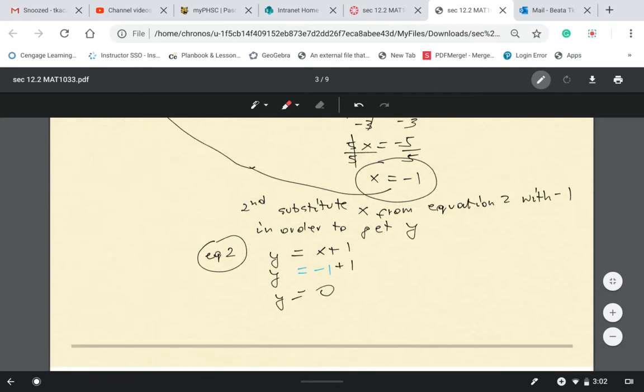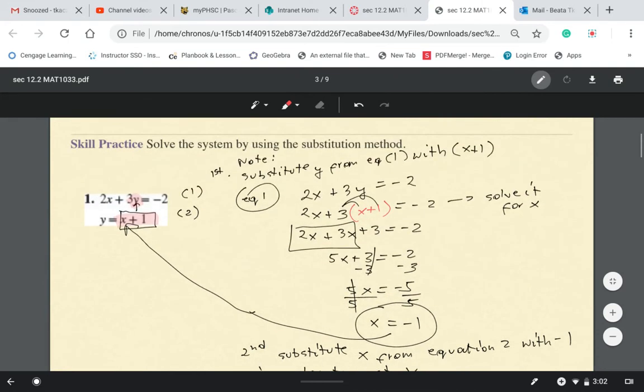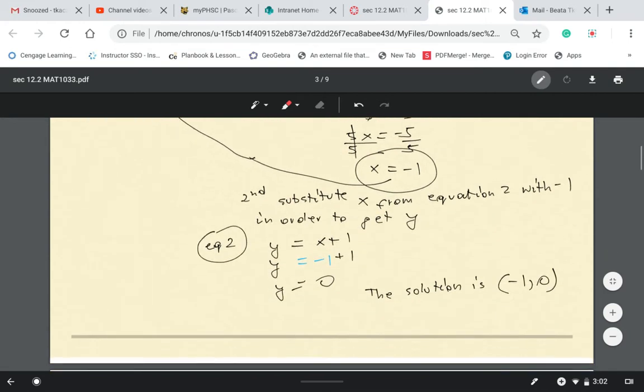What that means, that the solution is the point which has coordinates negative 1, comma 0. So again, those two straight lines, because those equations represent straight lines, intersect at point negative 1, comma 0. So we have one solution. And that point represents the point of intersection.